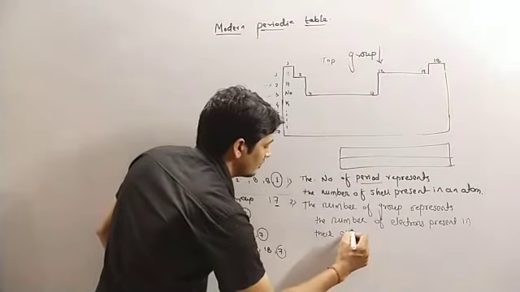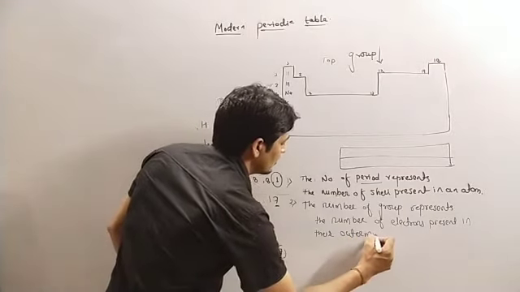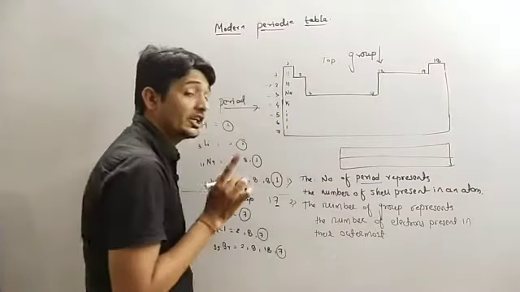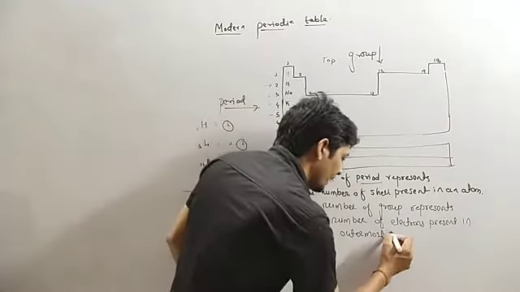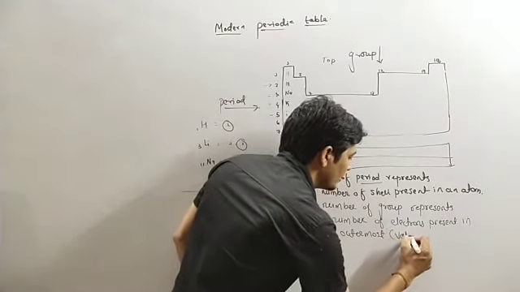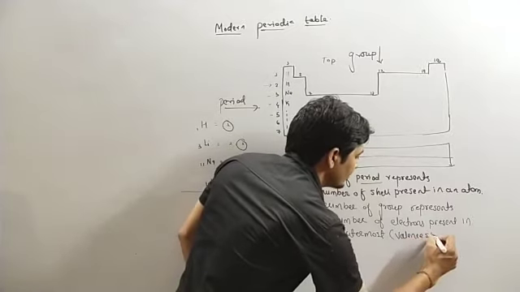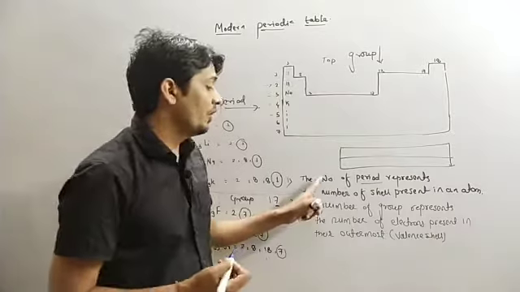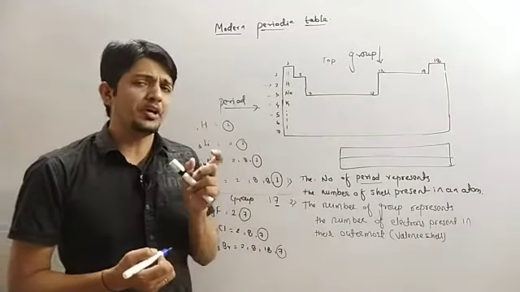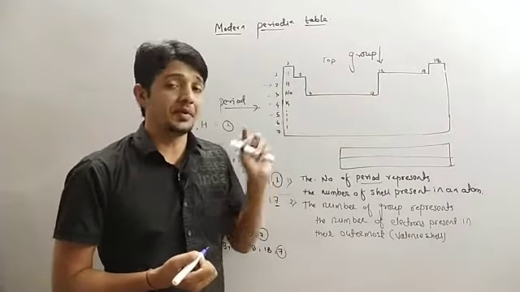The outermost shell is also called the valence shell, so we can write in brackets: valence shell. You have to remember these two important points about the group and period.